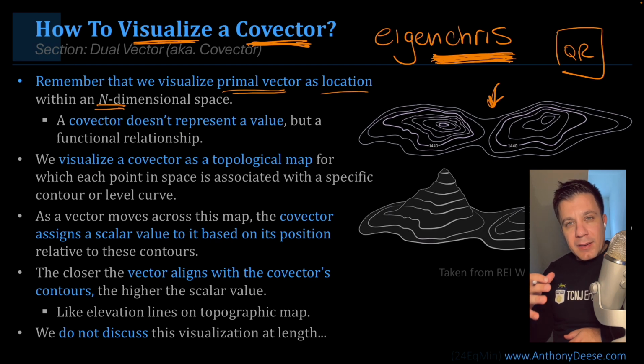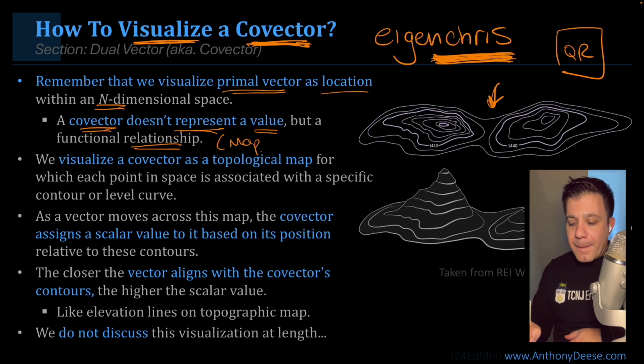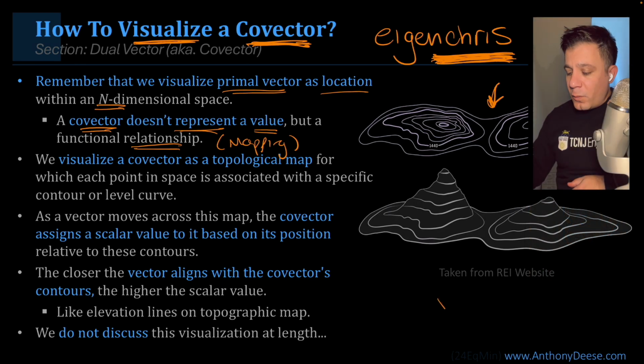If we think about it as physical-like, it makes it a little bit easier, something like a position, a velocity, etc. Now, the covector does not represent a value, but a functional relationship or a mapping. And we've already seen how that mapping can be represented. It maps from a vector to a scalar value or a real value.